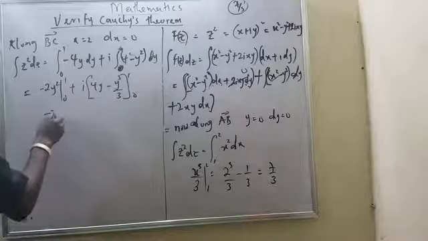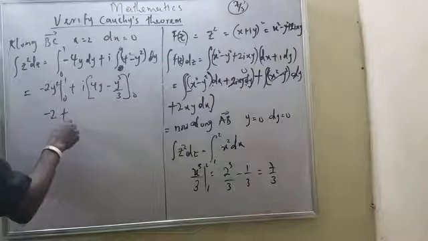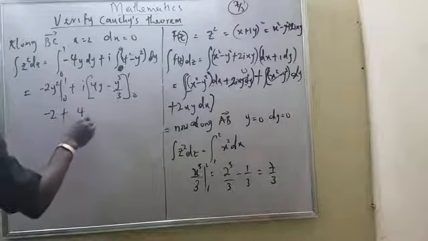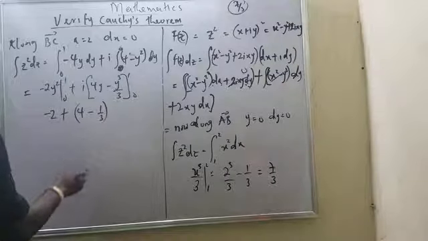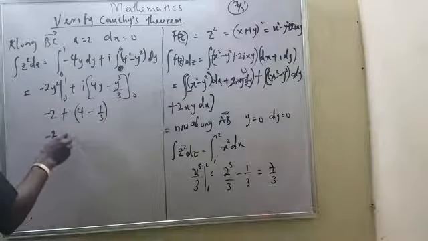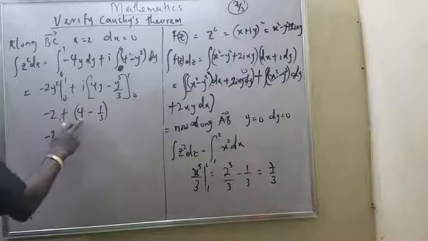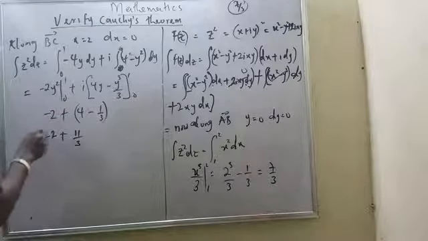That will be minus 2 plus 4 minus 1 all over 3, which is 0, will be cancelled, nullified, so I'll be having minus 2 plus 12, 11 all over 3. Now, that is what I'm having here.